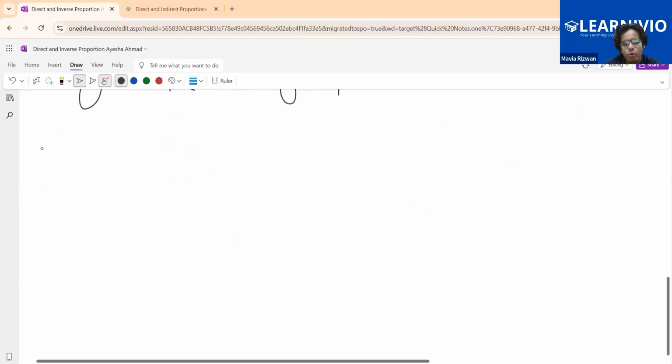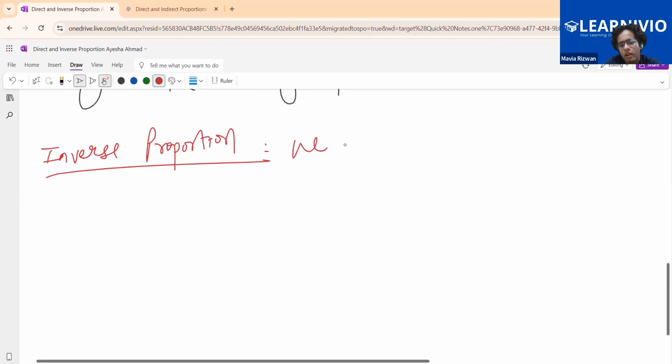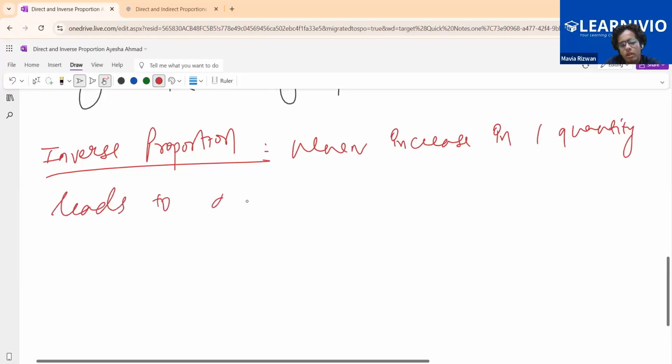Inverse proportion is when the increase in one quantity leads to a decrease in another, and vice versa.